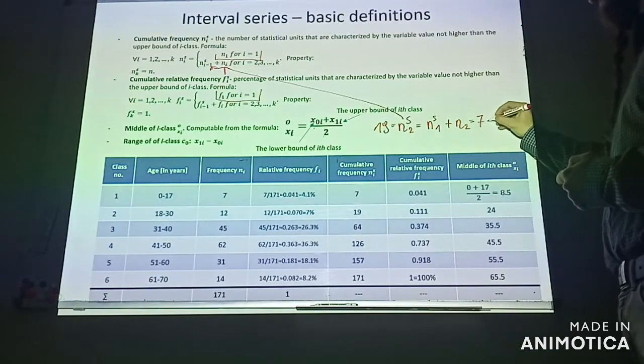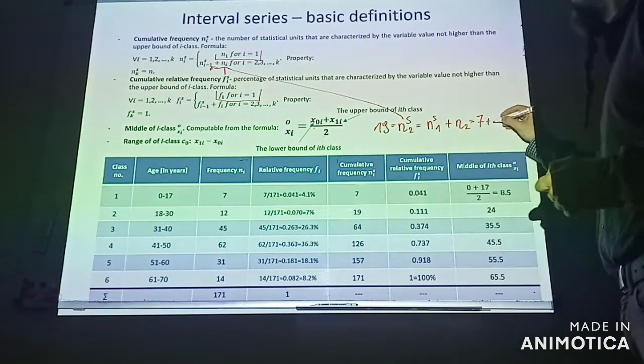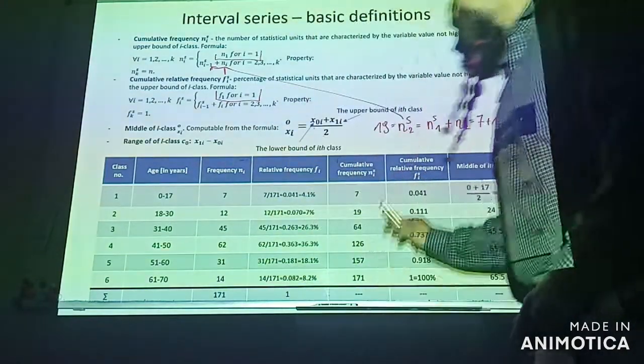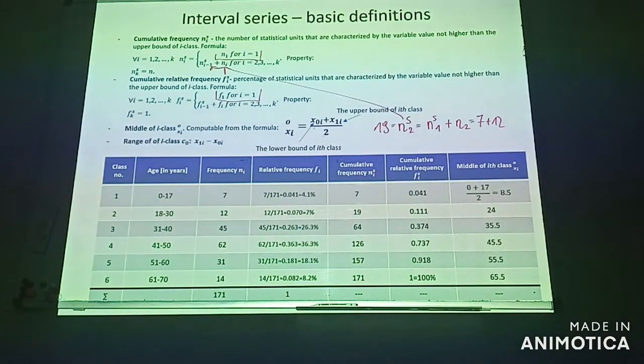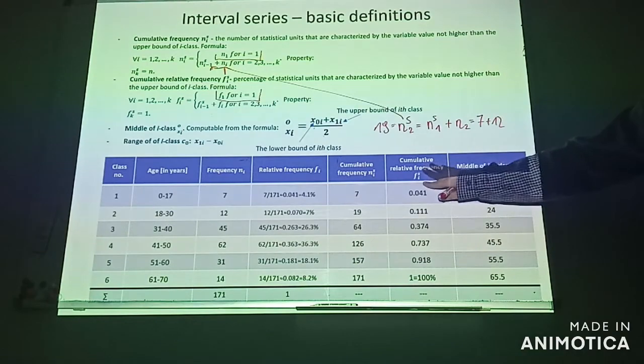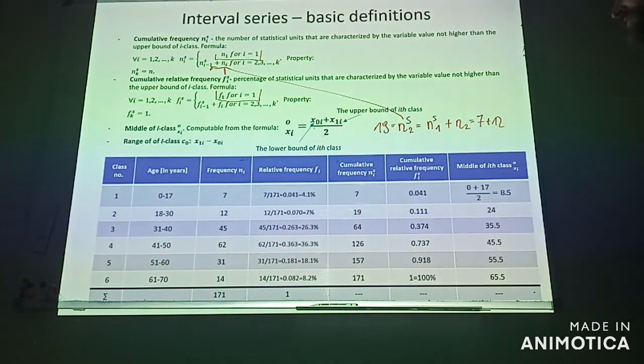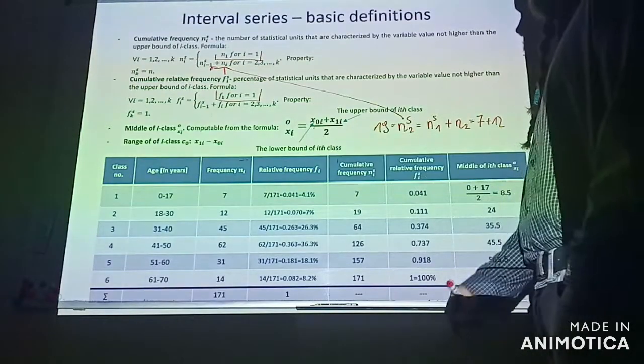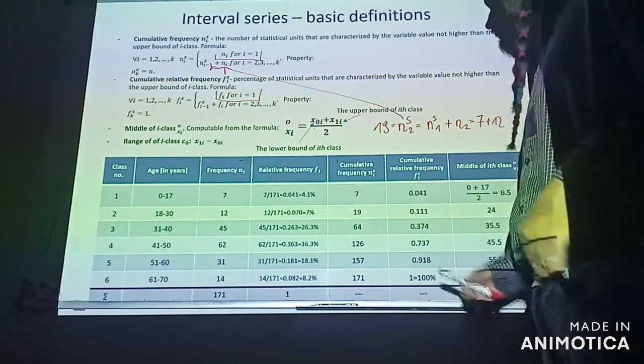It means 7 plus n2, 12. It's exactly the same with cumulative relative frequency. You can practice that.